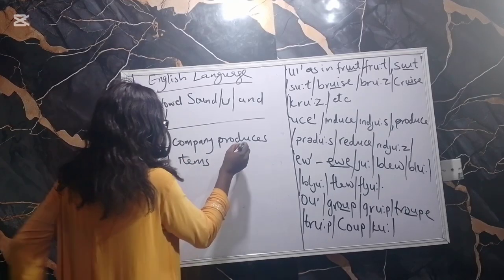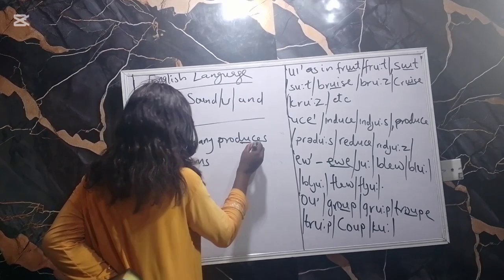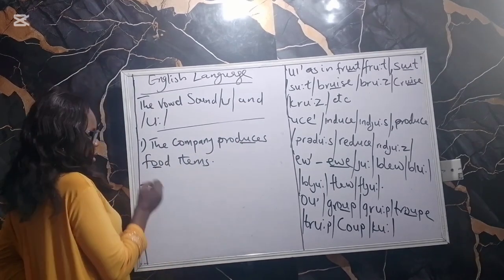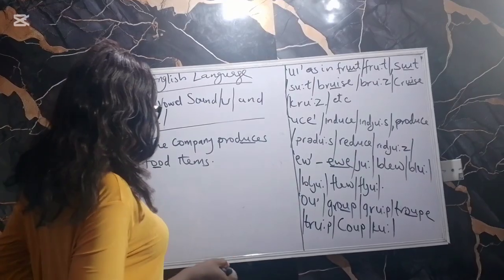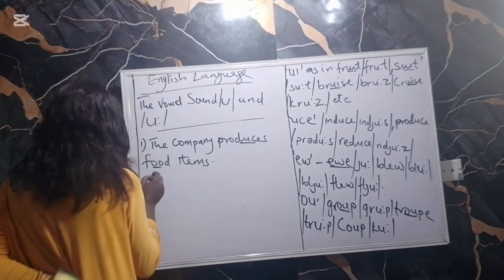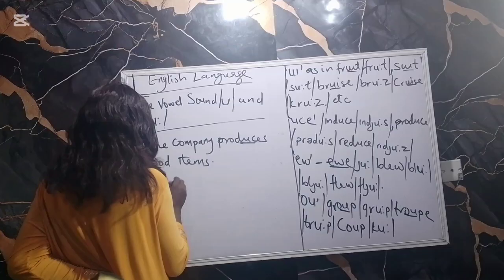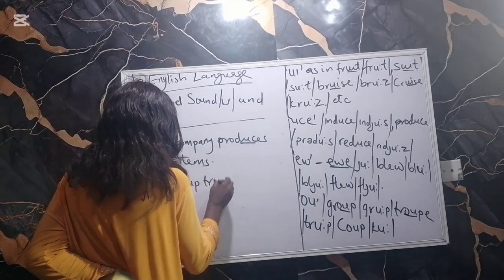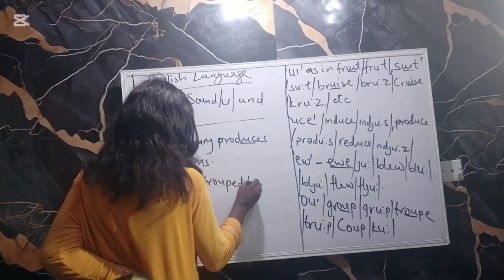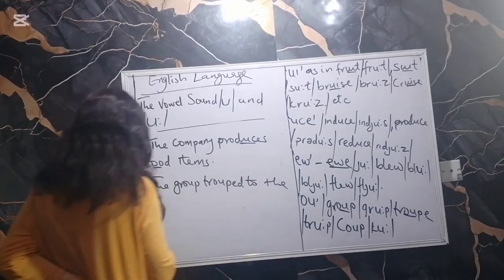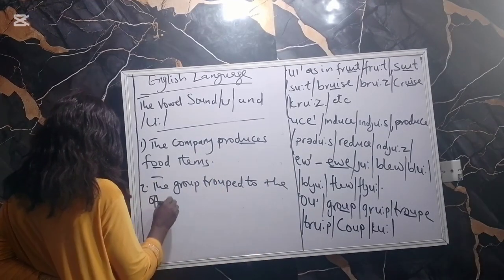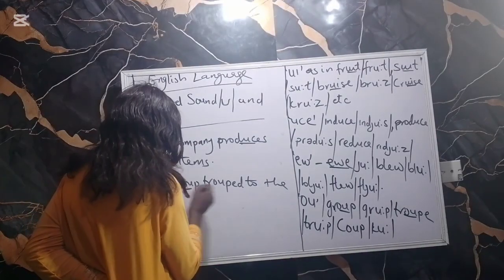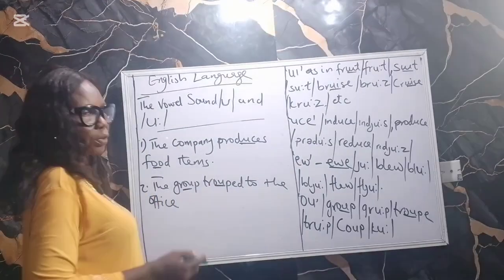So we have it in this and this. Okay, let's also look at the group trooped to the office. The group trooped to the office. So we have it in group and troop.